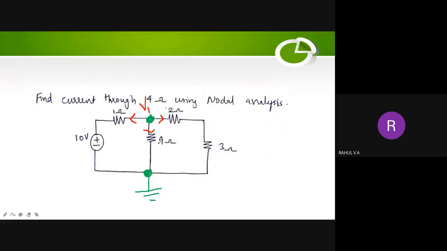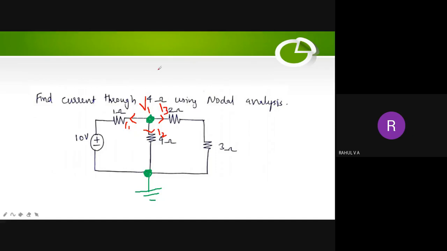So I am writing what I can say. The first node: the current from V1 to the 10 volt supply, I am marking as I1, and the current flowing from node V1 to the ground terminal is marked as I2. The current going from V1 to the 2 ohm resistor is marked as I3, and I have assumed that all currents are leaving away from the node.